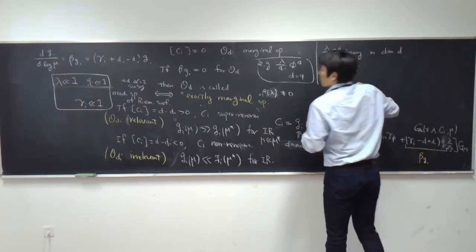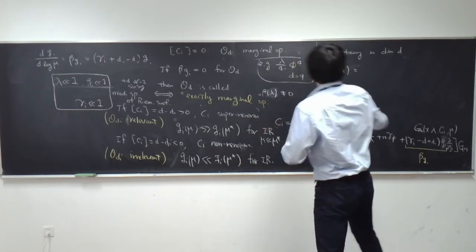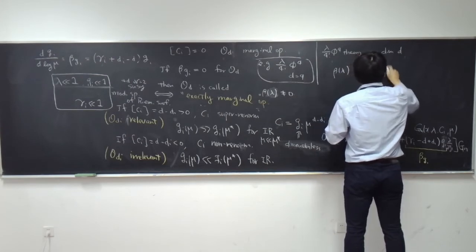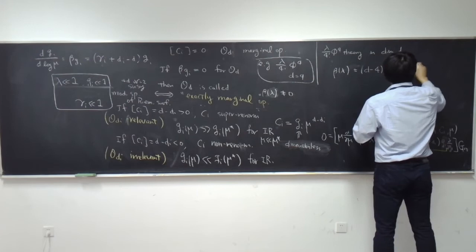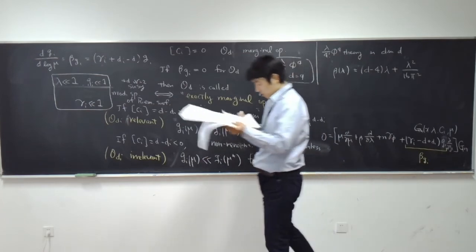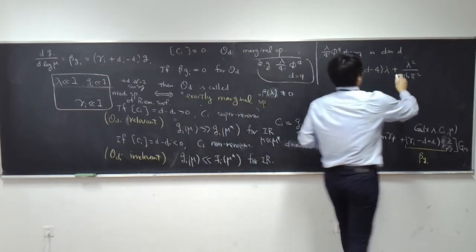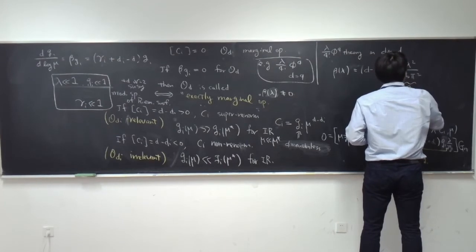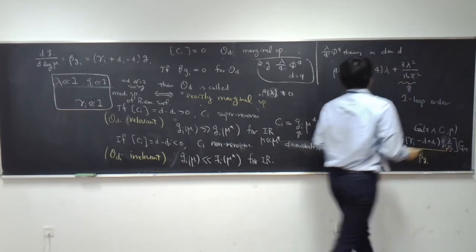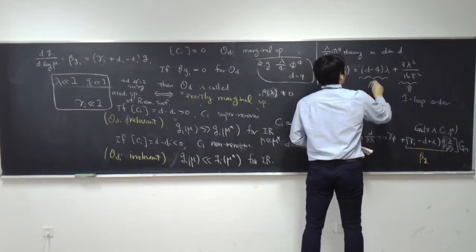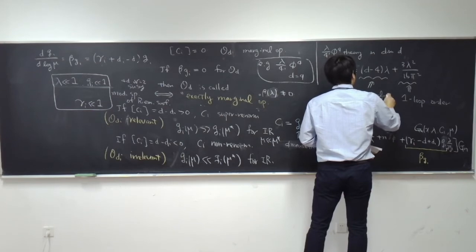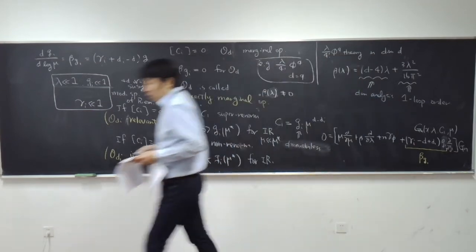Then this analysis I already erased will tell you that at leading order it should depend on d minus 4 times lambda, and at one loop order we already computed lambda squared over 16 pi squared. So that's what we have computed, coming from the dimensional analysis we have done.